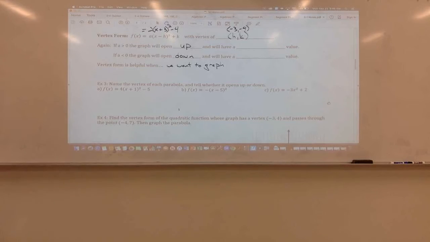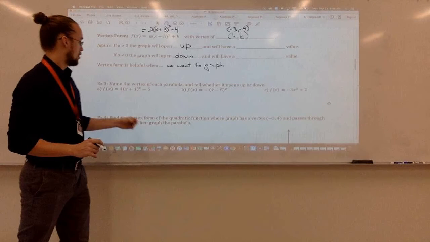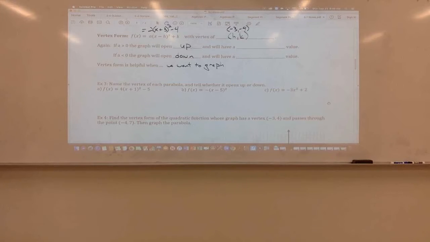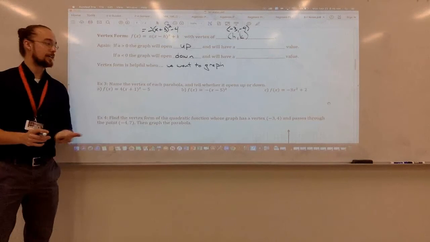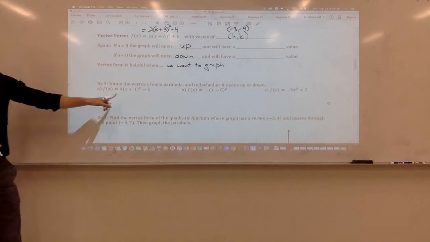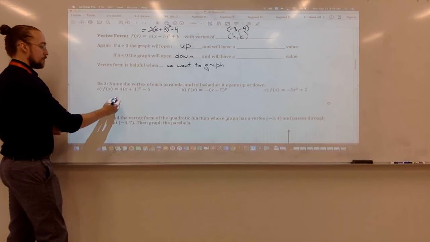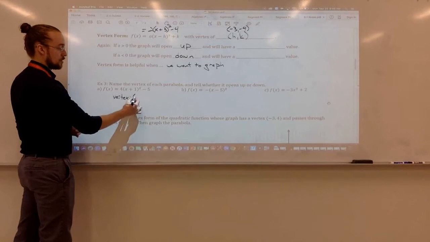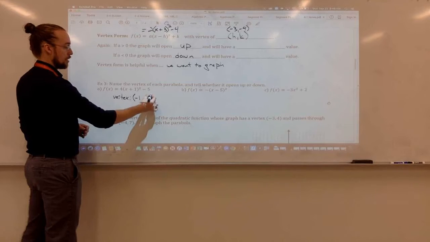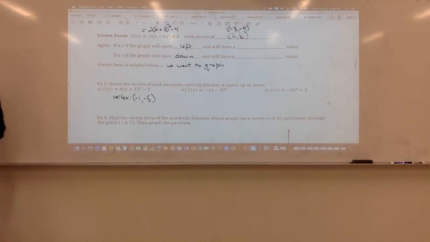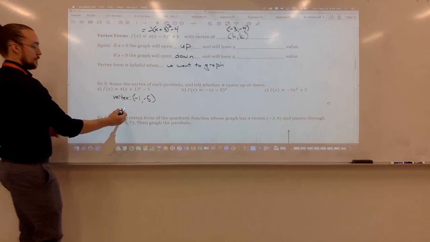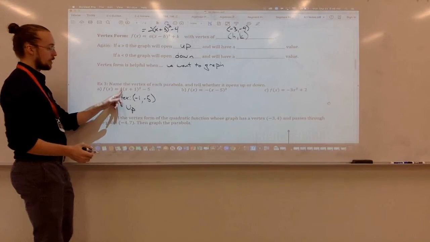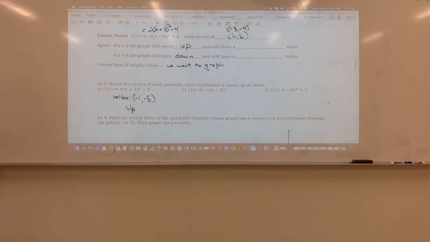So, if I'm looking at these 3 examples down here, what is the vertex first, and then second, does it open up or down? So in this first example, what is my vertex? (-1, -5). Does it open up or down? The leading coefficient is positive, so it opens up.